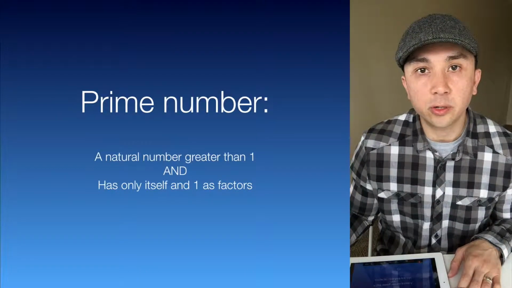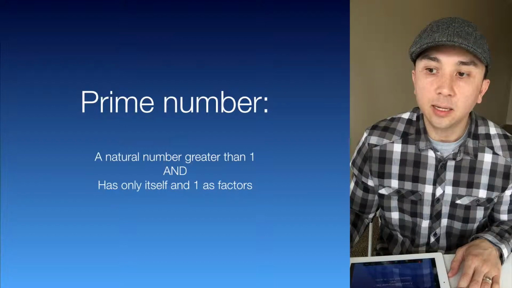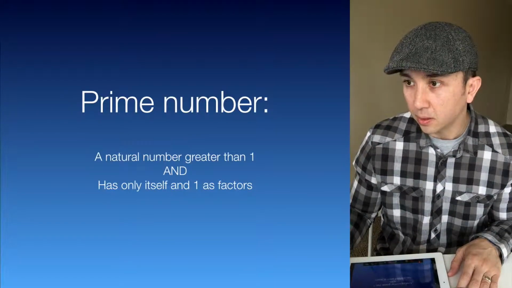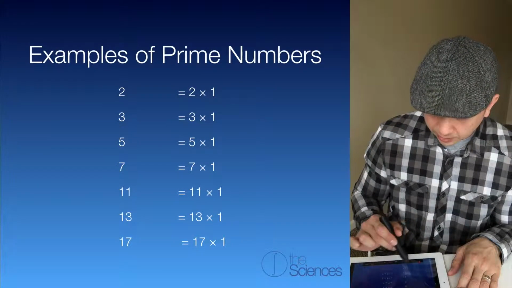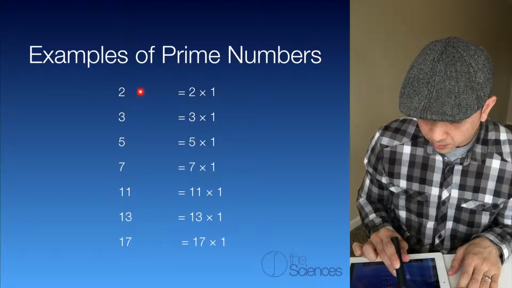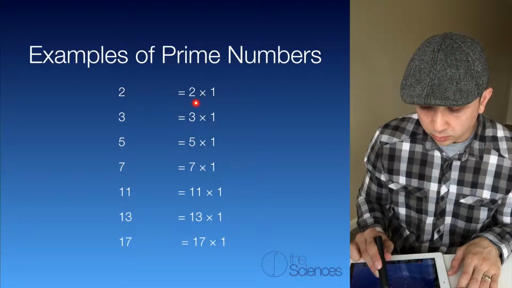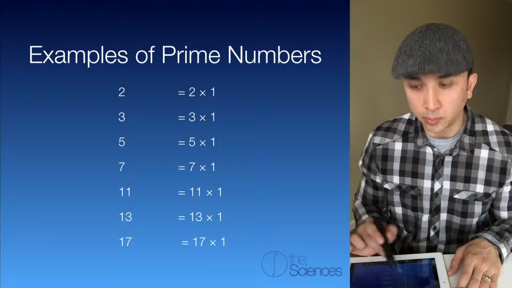Now, a prime number is a natural number that's greater than 1 and has only itself and 1 as factors. So what does that mean? Well, here are examples of prime numbers. Let's take 2 for example. The only way you can get 2 is if you multiply 2 and 1. So that means it's a prime number.